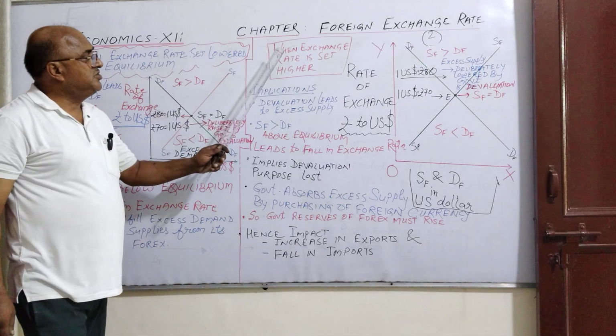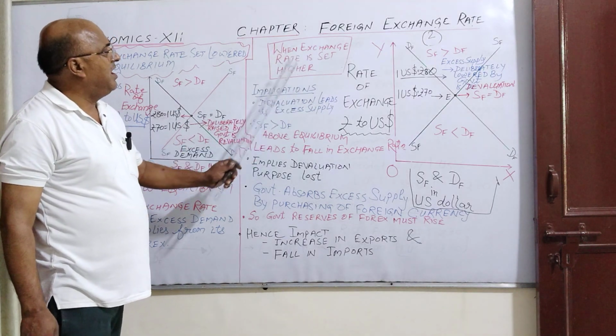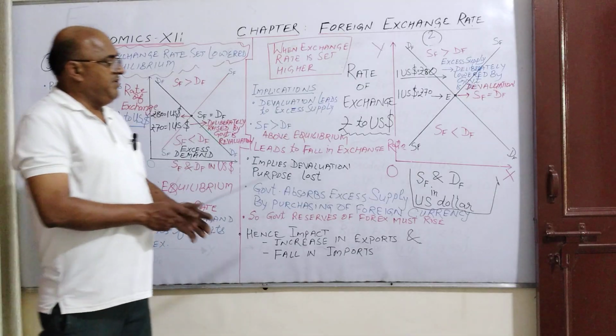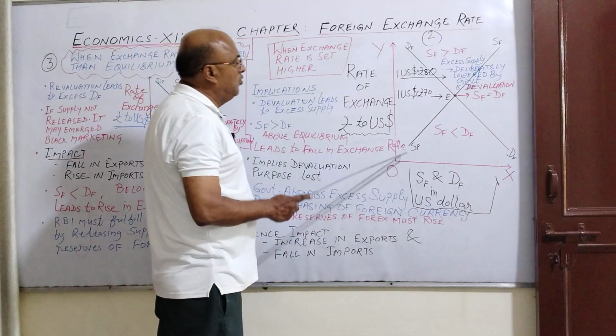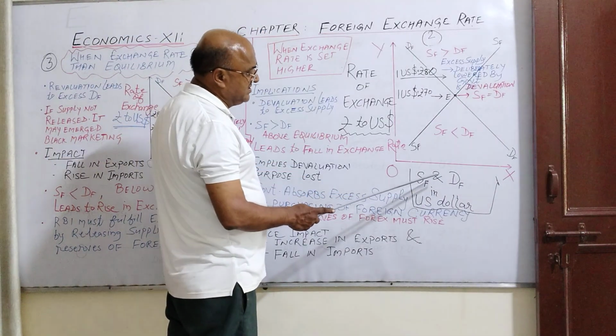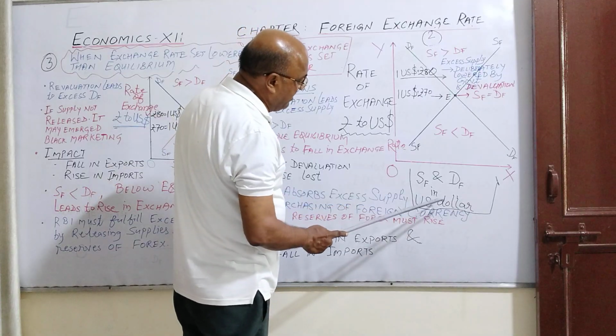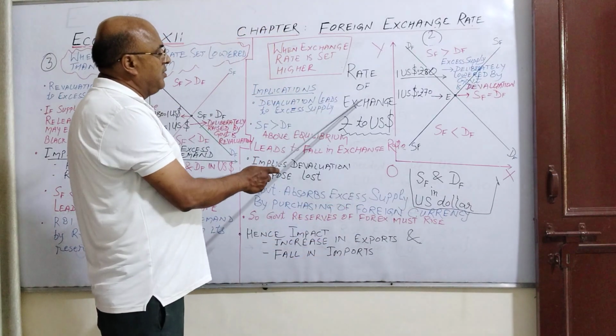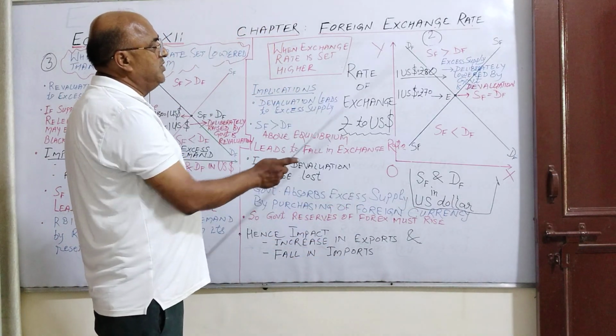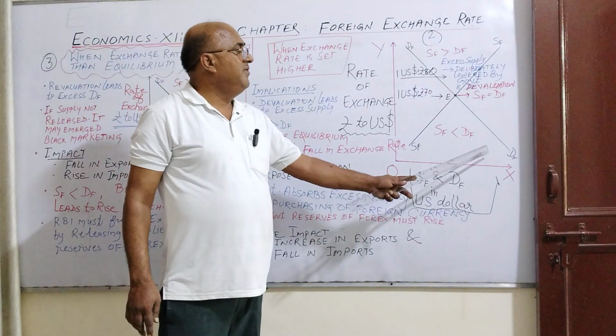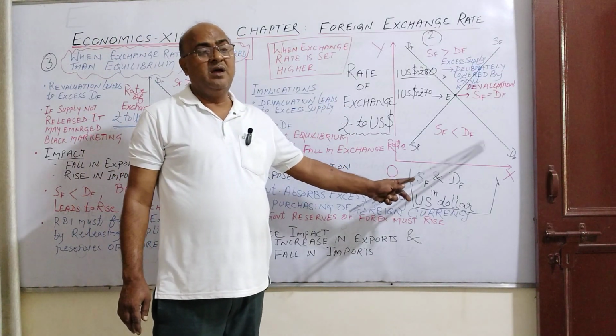Now, next question: when the exchange rate is set higher, again we have to draw XOY, on the x-axis SF and DF in US dollar, and the rate of exchange rupees to US dollar. DF आप एक्सप्लेन कर सकते हैं.